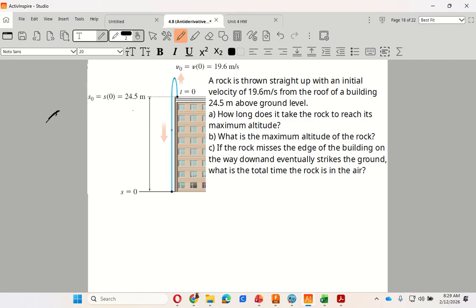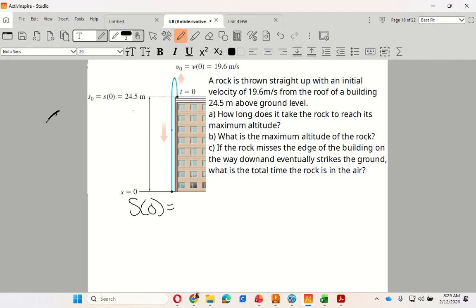Okay. So with this one right here, a couple things I actually know. I know that my S of 0, so what does that mean? What is S in my relationship to physics?